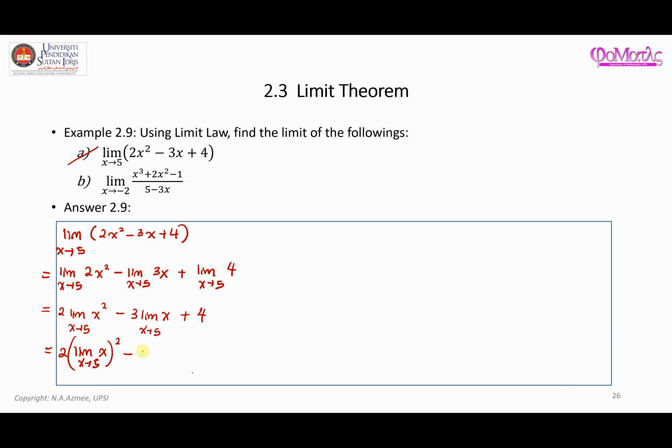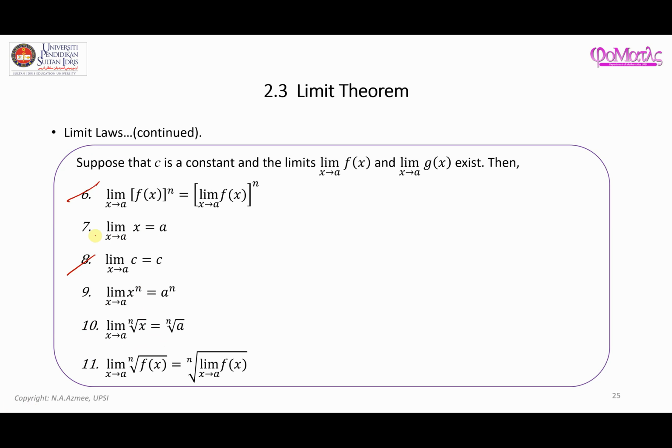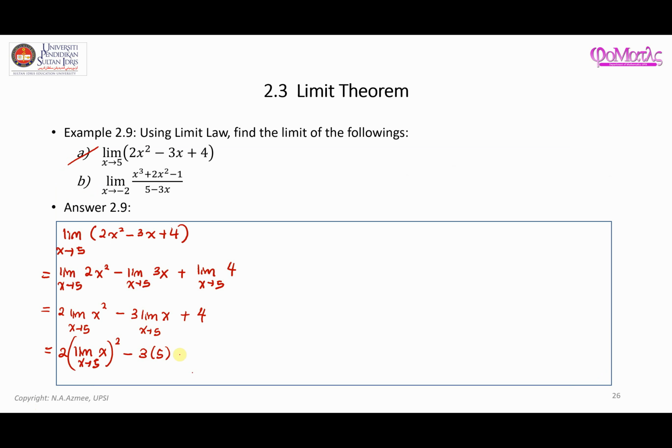And next, minus 3. Now here is a simple function which is x, and the answer is going to be equal to 5. How do I know the answer is going to be equal to 5? This is based on rule number 7. Next, plus 4.